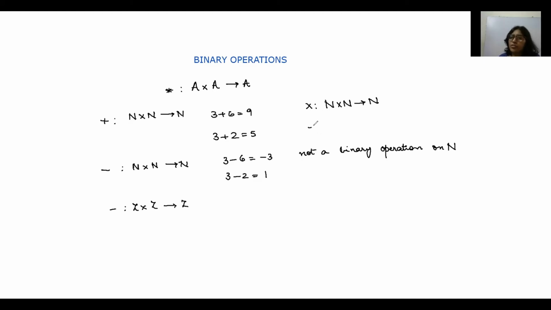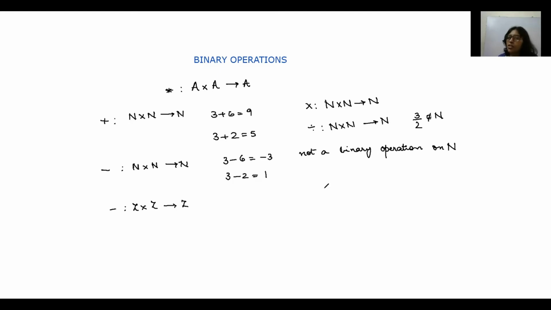If we talk about division, division on natural numbers is not a binary operation. Because if I take two natural numbers 3 and 2 and divide them, the result does not belong to N. It may or may not belong to natural numbers when we take two natural numbers and divide them. So it is not a binary operation. Let's think about integers. No, it is not a binary operation on integers either. 3 and 2 are integers.